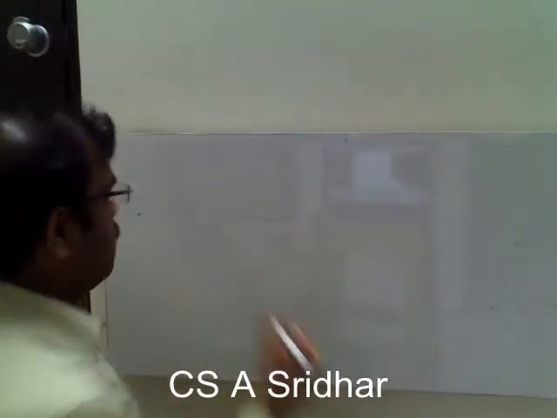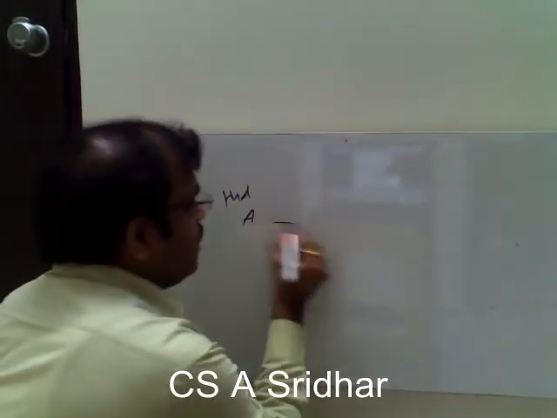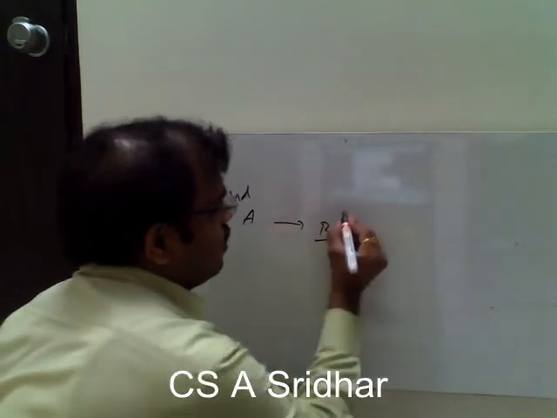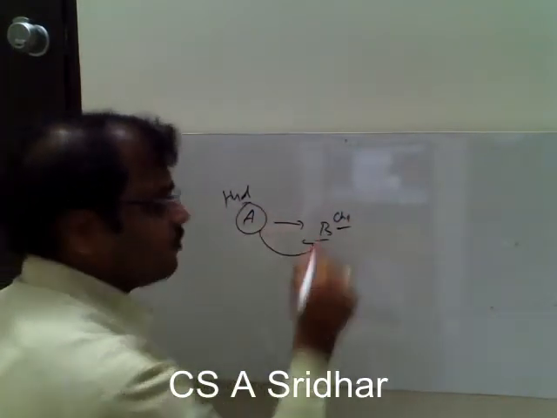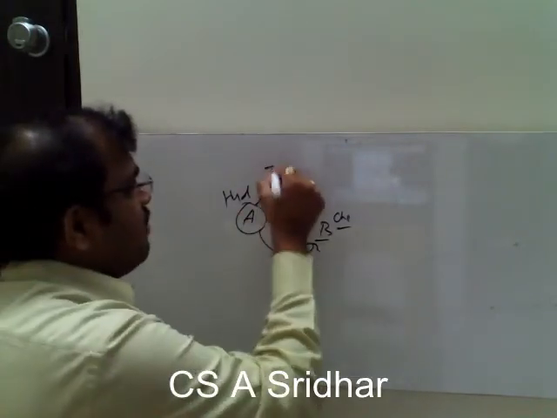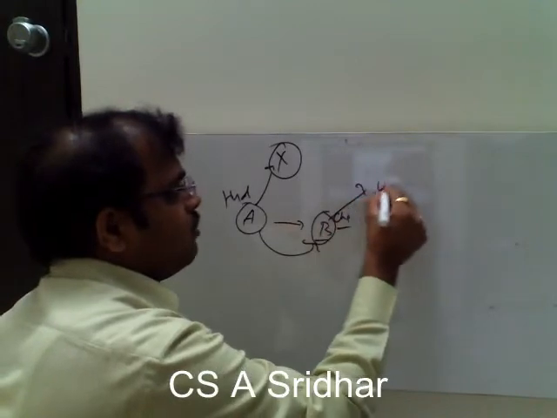Suppose A is at Hyderabad, B is at Chennai. A gave the check to B. A is having an account with X bank. B is having an account with Y bank.